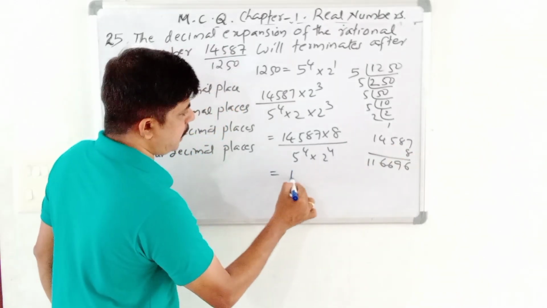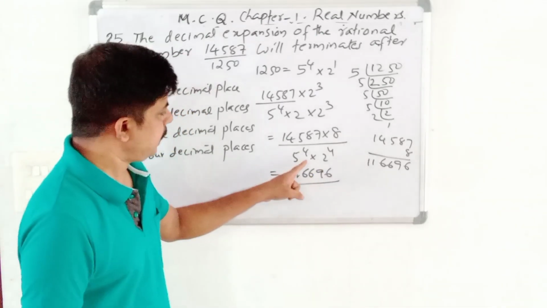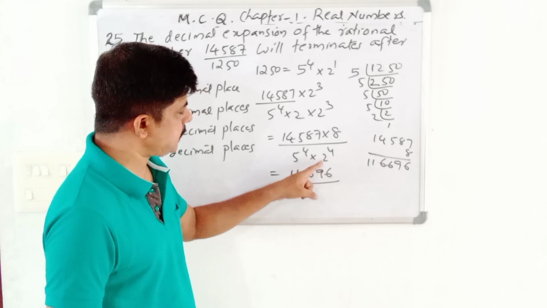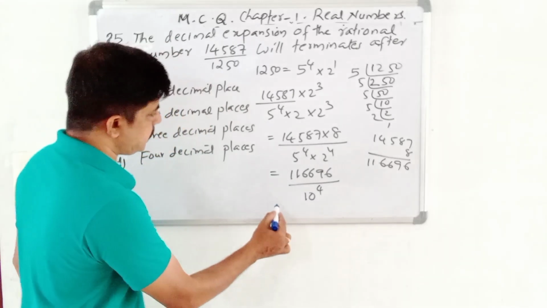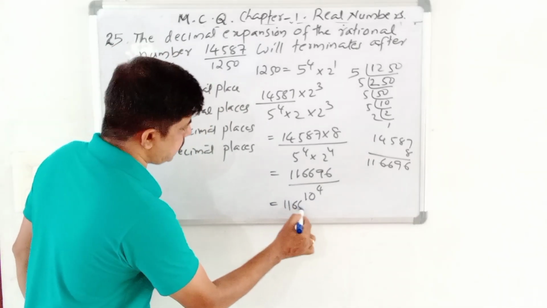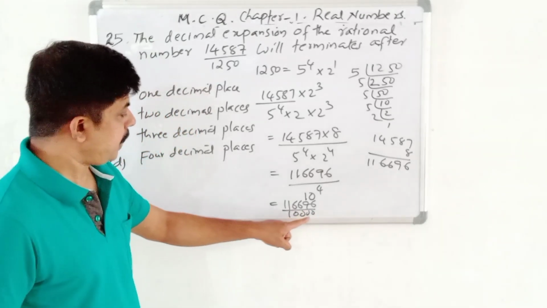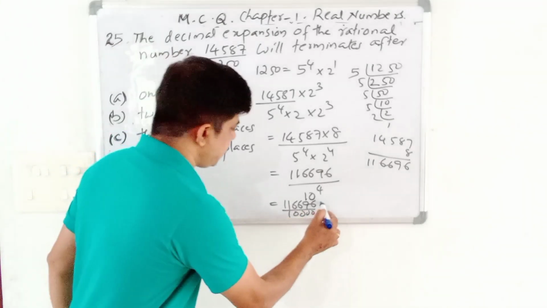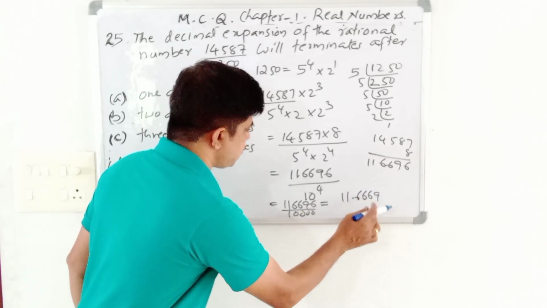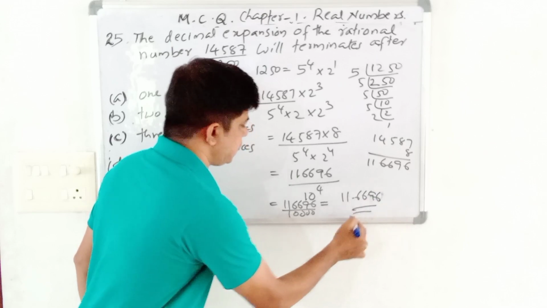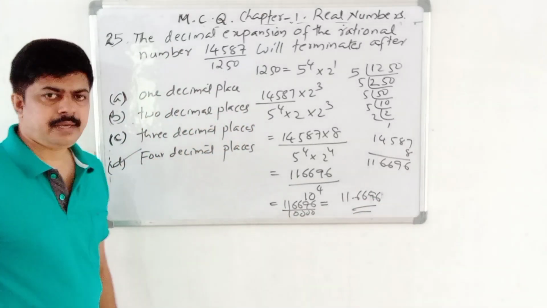Okay, we are getting 116696 divided by, as they are powers with the same exponent, we can multiply the bases. Therefore, 116696 divided by 10000. As we have 4 zeros in the denominator, the decimal point should be moved 4 places to the left. Therefore, in our decimal expression we have 4 decimal places. Therefore, our correct answer is option D. Option D is the correct answer.